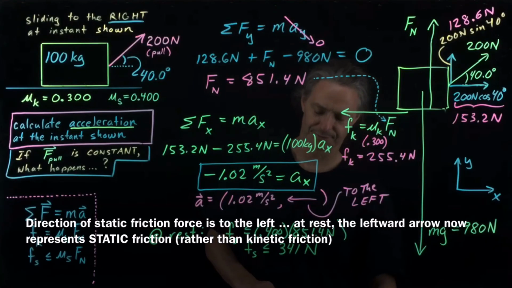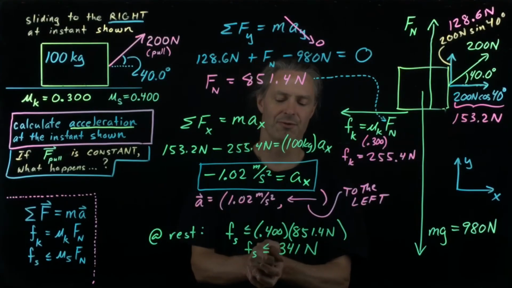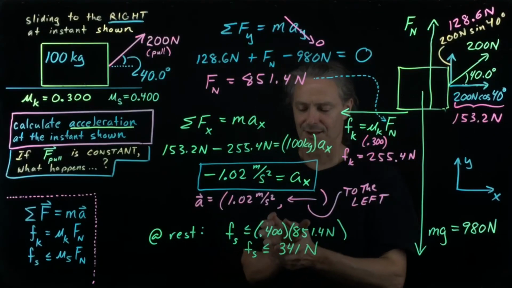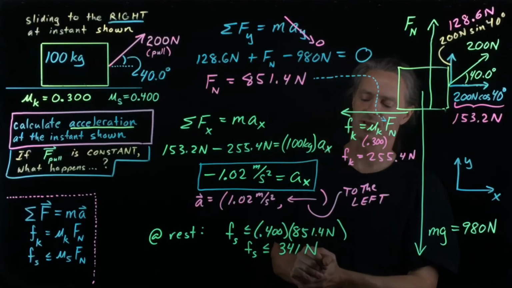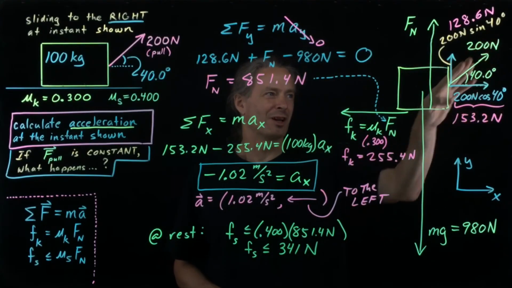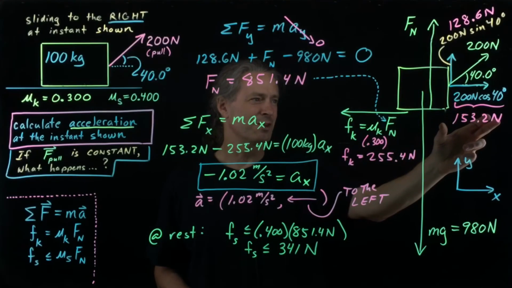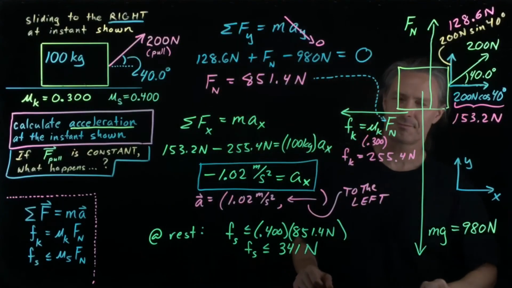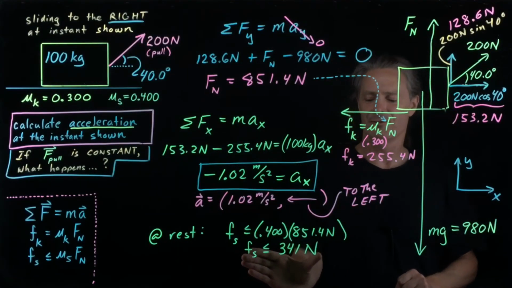Okay, now we need to attack this less than or equal to thing. It says less than or equal to because it's only as big as it needs to be to keep the object at rest. We're pulling to the right here. We've got up and to the right with 200 newtons, but the rightward portion of that is 153.2 newtons. So the static frictional force will not be the full 341 newtons.